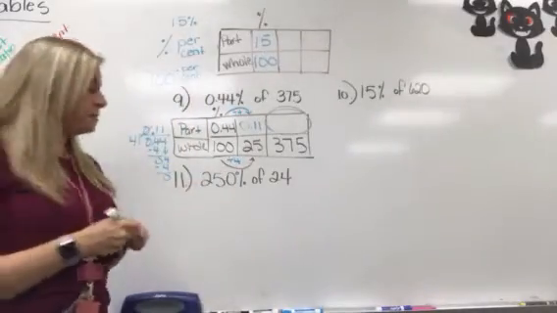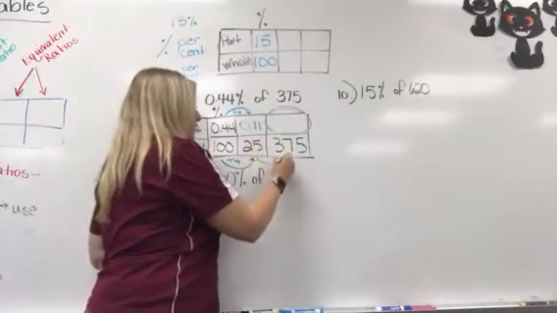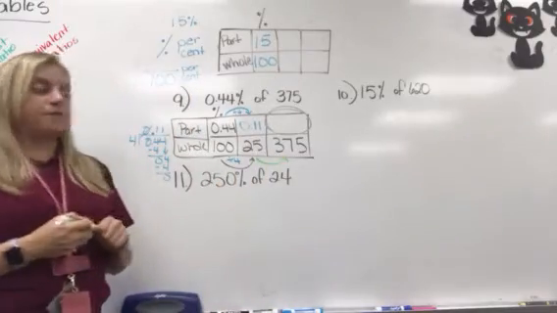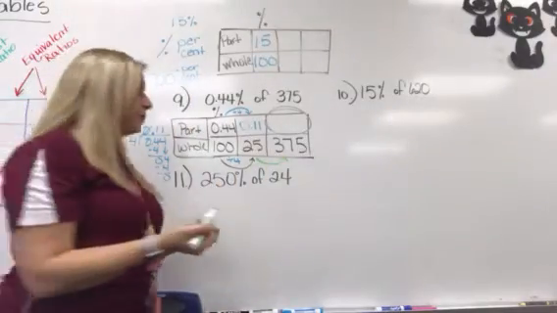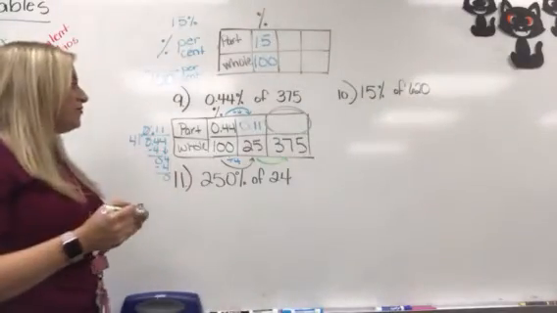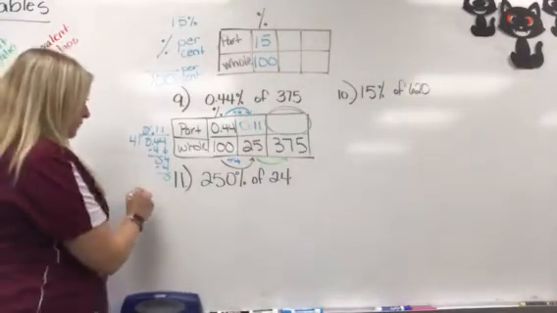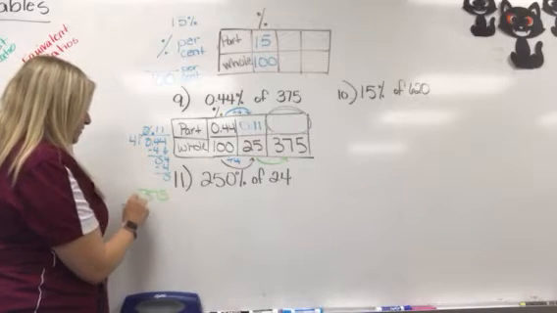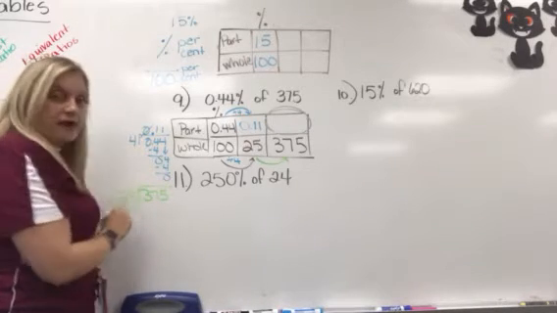Now I need to finish my problem because I'm not there yet. So I'm going to need to go from 25 to get to 375. Again, if you don't know your multiples of 25 that high, and you don't want to count on your fingers, you could always do the division problem. So we've got 375 divided by 25.